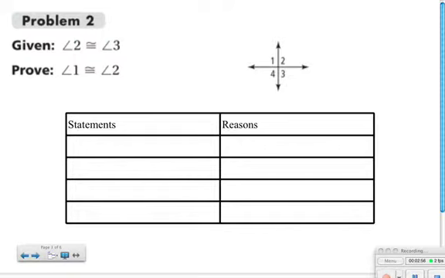So we have, in statement 1, that angle 2 is congruent to angle 3. What you'll hear me often say when we are doing these proofs is that you want to start with your given and run with it as far as you can go. And as it turns out, there's not so far I can run with just angle 2 congruent to angle 3.